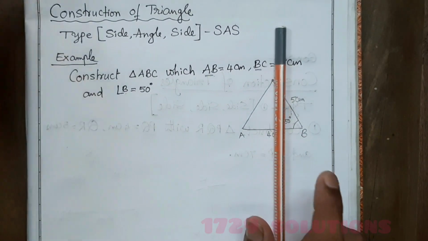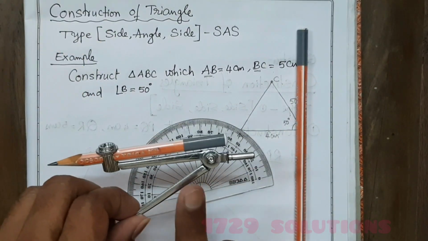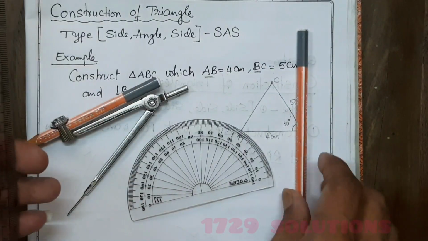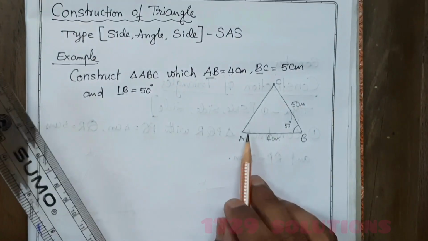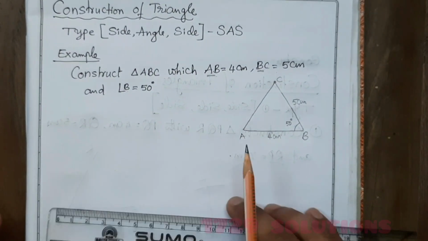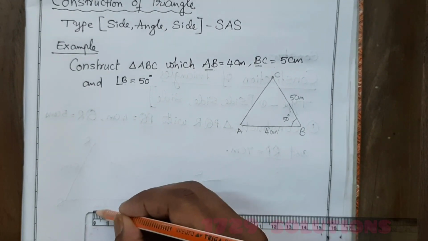Now you need to have the tools: pencil, protractor, compass and also scale. So now first of all I need to draw base AB, 4 centimeters, with the help of a scale. 0 to 4.